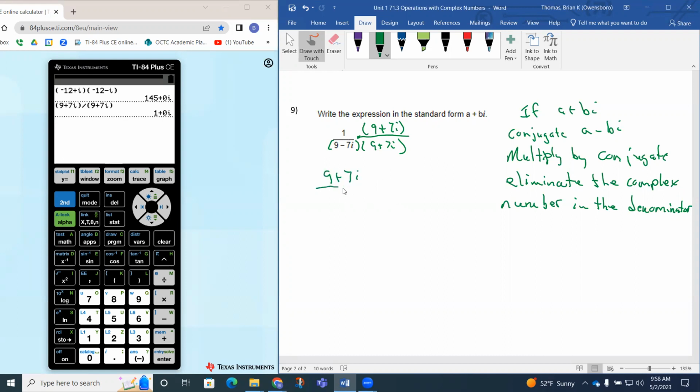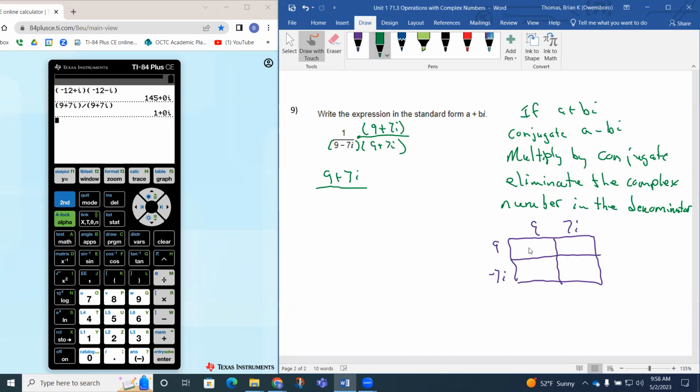On the denominator, though, we have some math to do. So again, if you want an organizer, you can use a box as an organizer. So the 9 and a negative 7i would be one side of the box. The 9 and the 7i would be the other side of the box. And this will allow me to keep it organized.